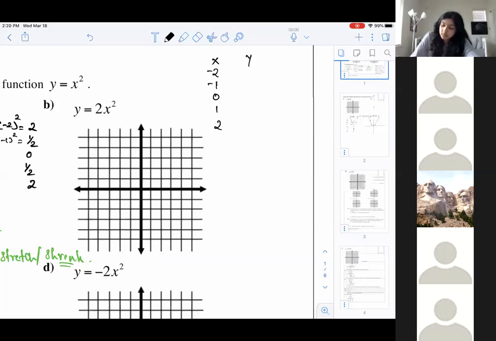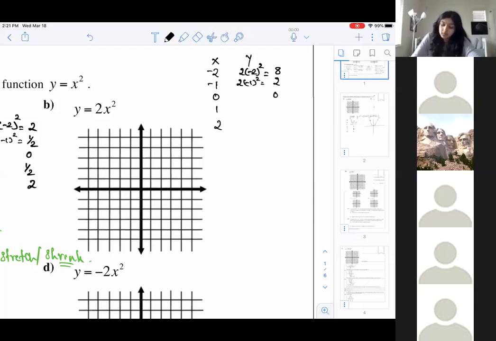When x is -2, y is going to be 2 times -2 squared, which is 8. That's correct. Plot the points.